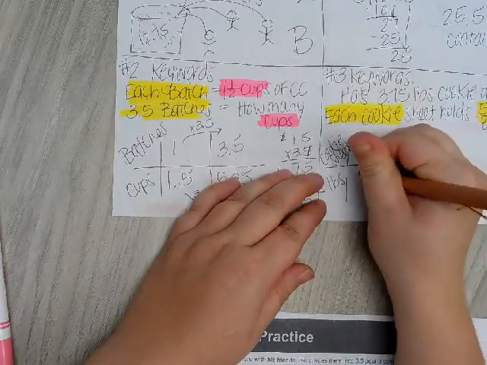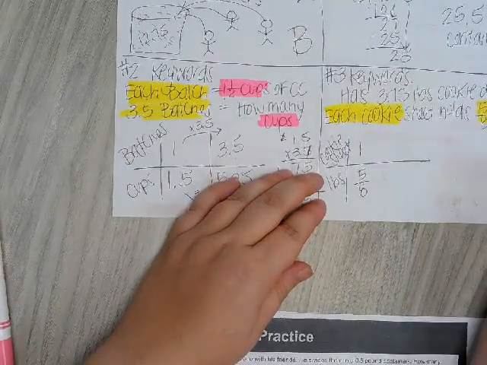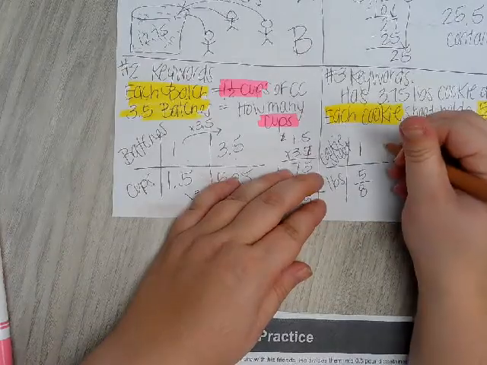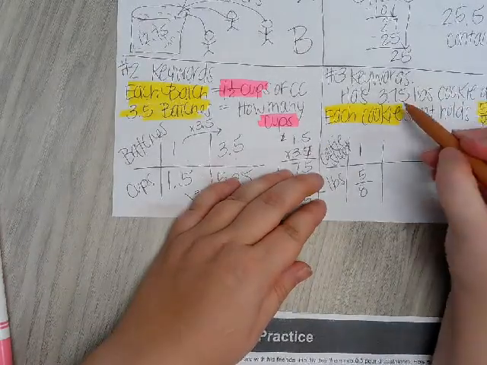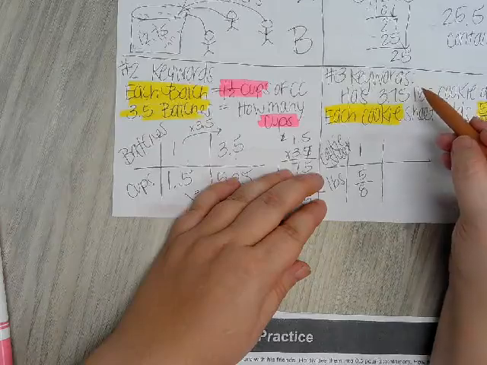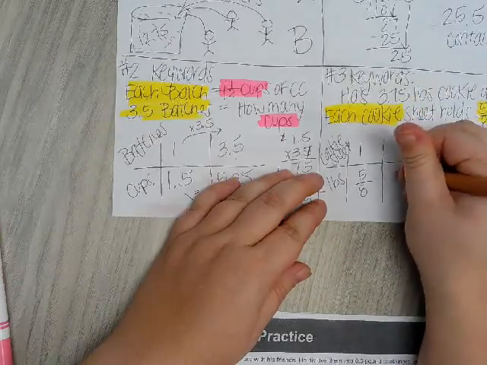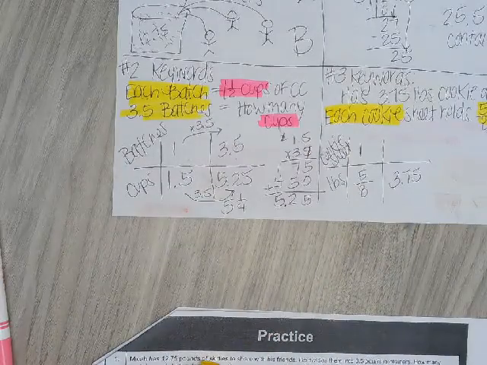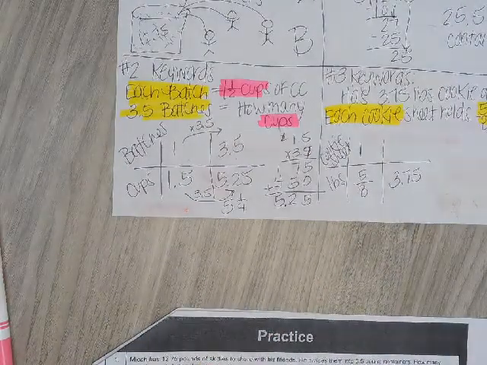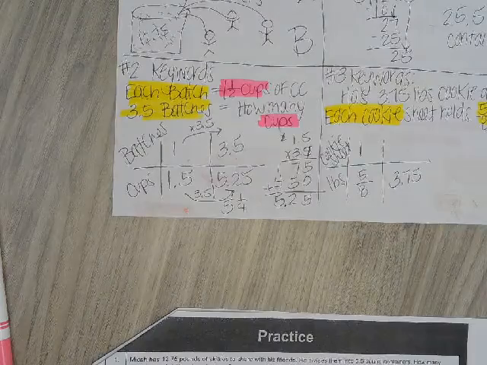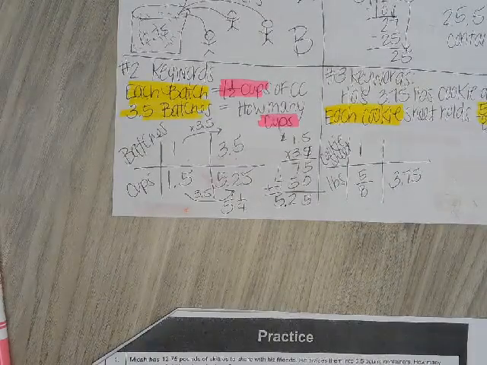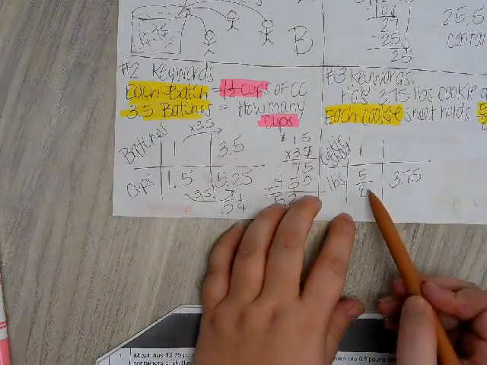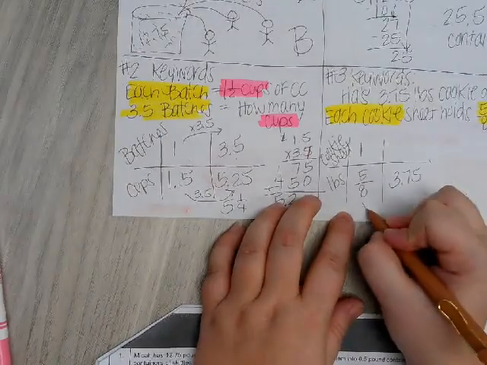But I want to know how many of them would be 3.75. Well, I don't know how many 5/8 I can multiply to get to 3.75. So I'm going to have to divide.